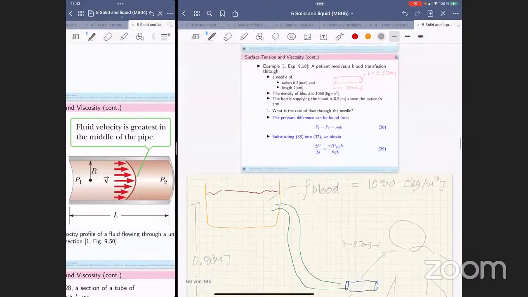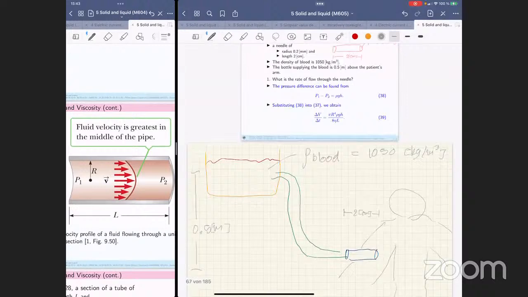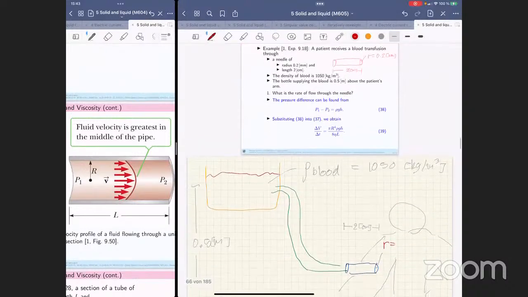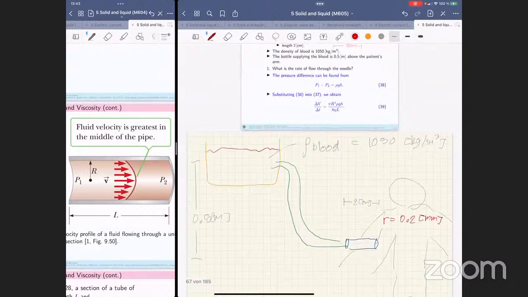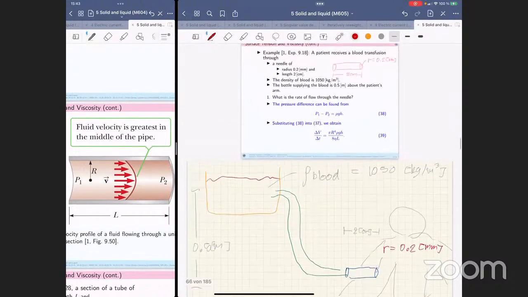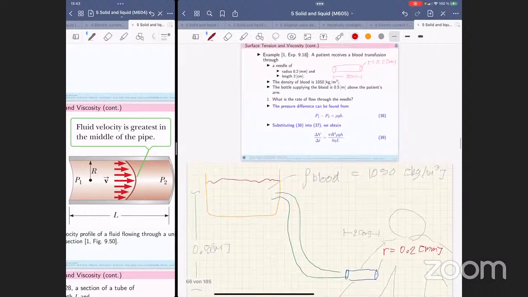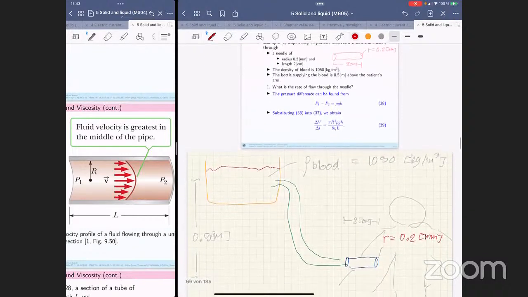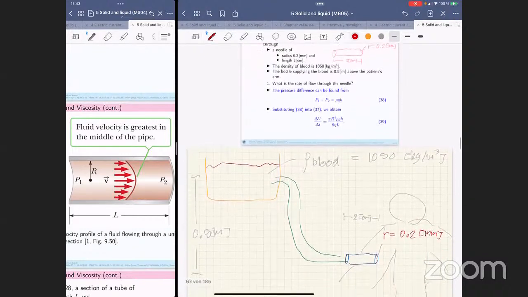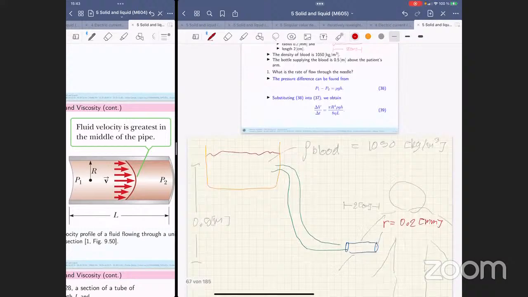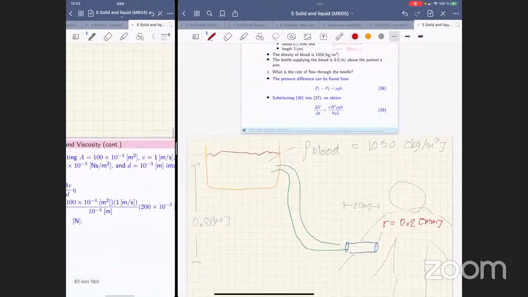And the radius of the needle is 0.2 millimeter. And what else? That's it. One thing we need to know is the viscosity of the blood.